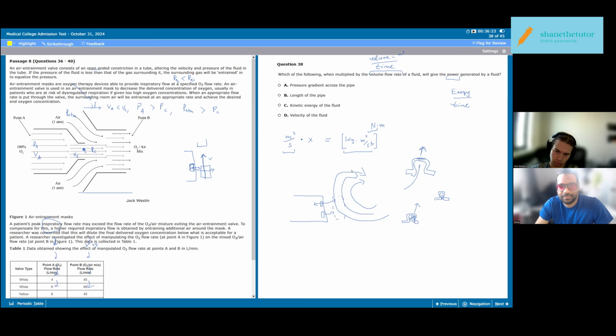kg times s squared over m. So if we do x is equal to kg over m times s squared.